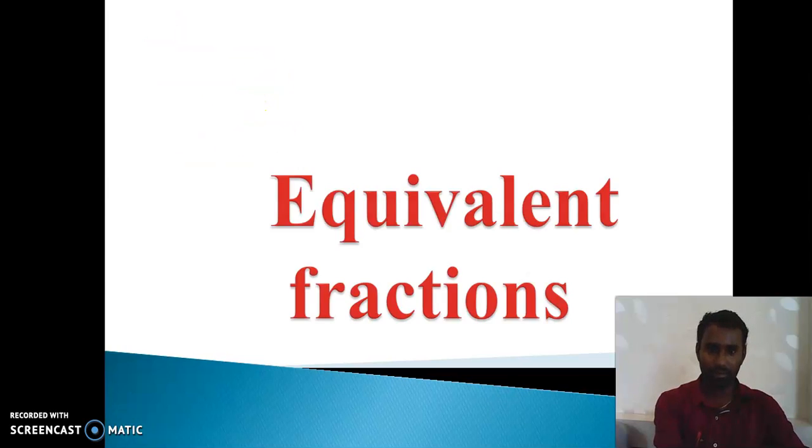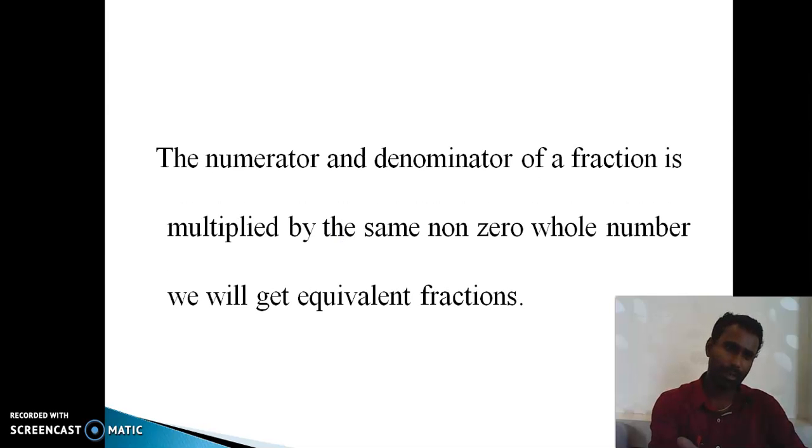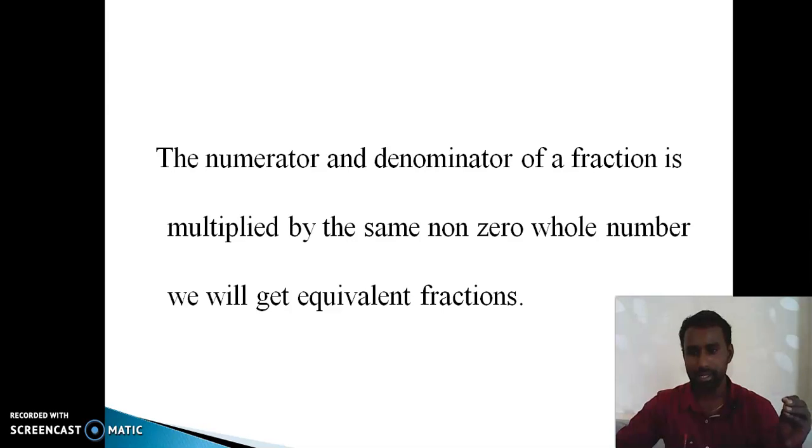From the word equivalent, see first: equal, right? Equal means one value should be the same, repeating the same. So the same value gets repeated, we can take it that way. Anyway, you already know what numerator and denominator mean.